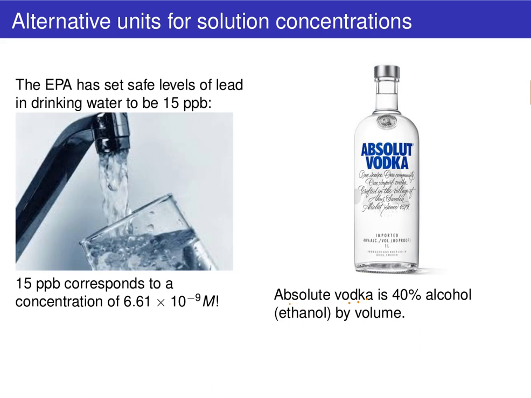If you look at a strong alcohol, we're talking about mixtures that have roughly 40% by volume alcohol, or ethanol in this case. We'd be talking about very high values if we're trying to do a molarity calculation. So using a concentration expressed by a percent by volume or a percent by mass can be much simpler and much easier to use.